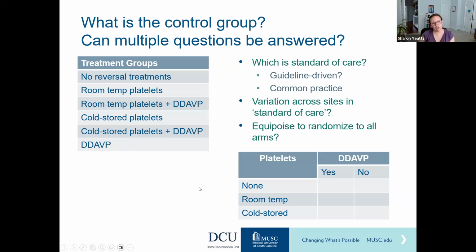Okay, and our original approach was this one on the left, considering all of them as 6 individual groups. And we had lots of conversations about, well, which of these actually constitutes standard of care, because each of these is common practice at some institutions. So do any of these count as standard of care? What is the control?